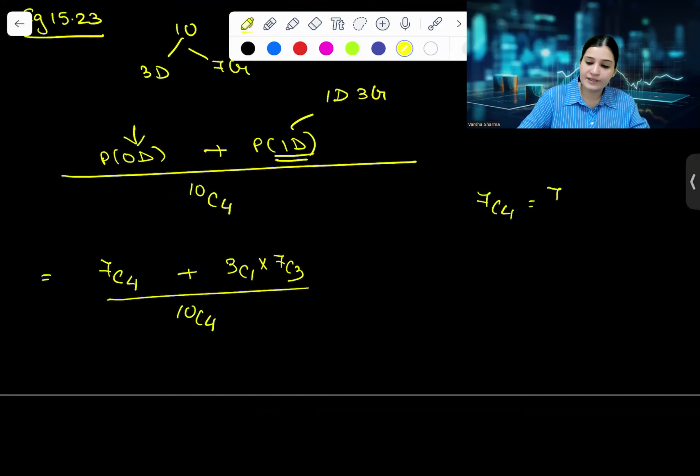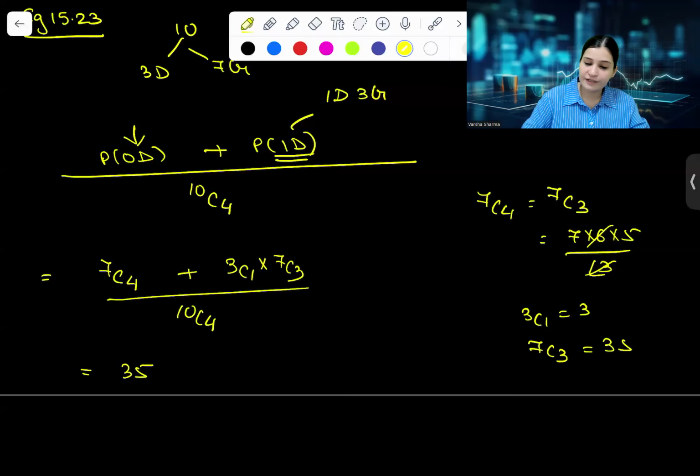7C4 is the same as 7C3. 7 into 6 into 5 by factorial 3. That is 35. 3C1 is 3. 7C3, we just calculated, 35.